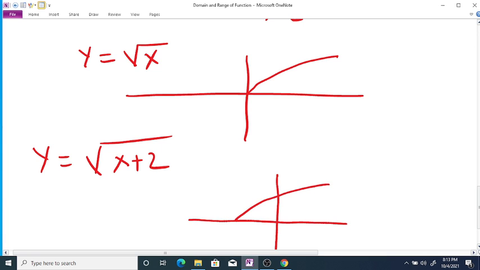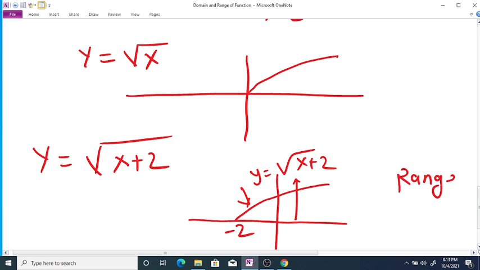So here if it is minus 2, then this is the graph of y is equal to square root of x plus 2. Now you can observe the range of the given function. The y axis represents the range of the given function, and therefore the range is equal to 0 to infinity.